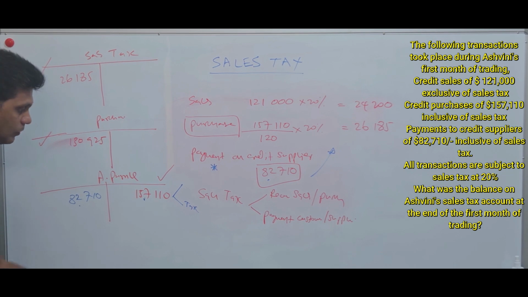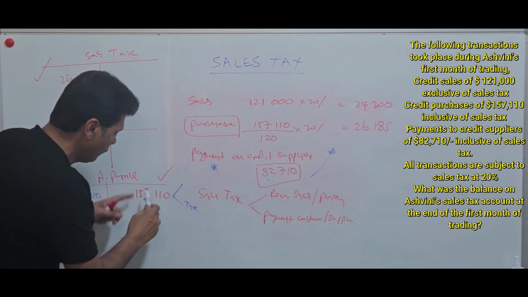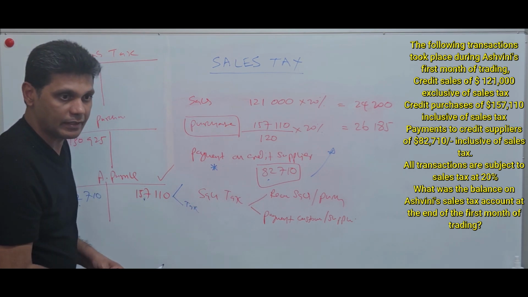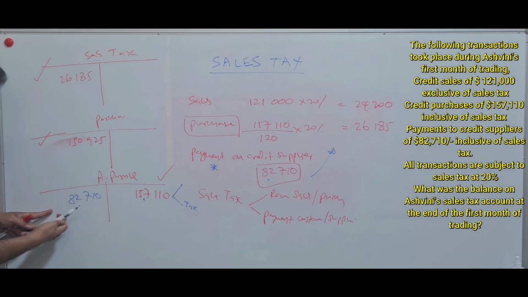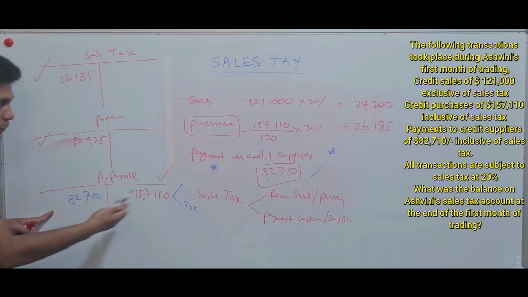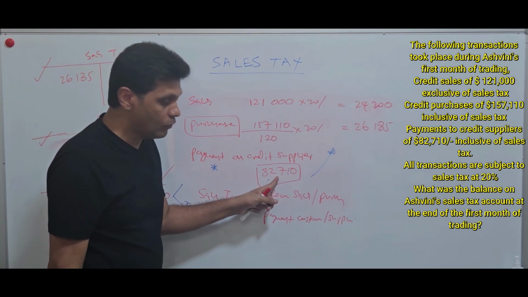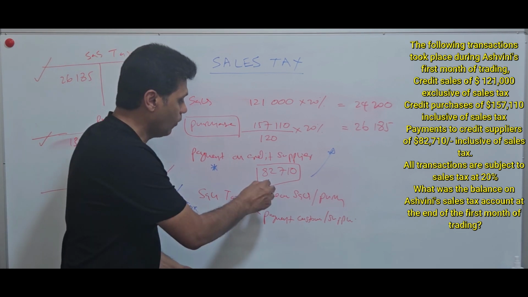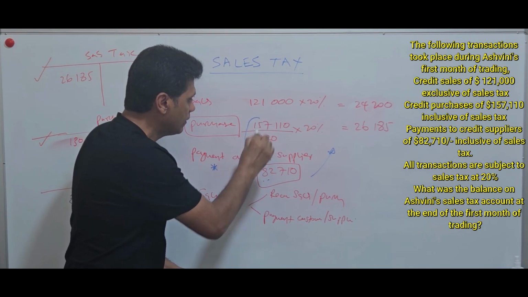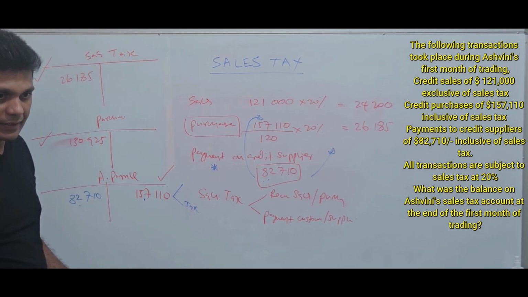You are settling your suppliers, so why calculate sales tax again in your calculation? You will double count. It is already included in this amount. So don't consider that.